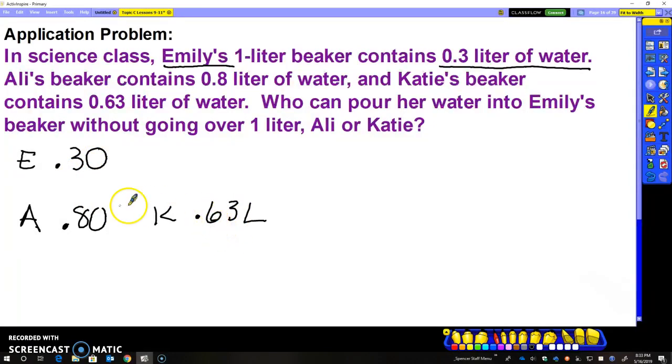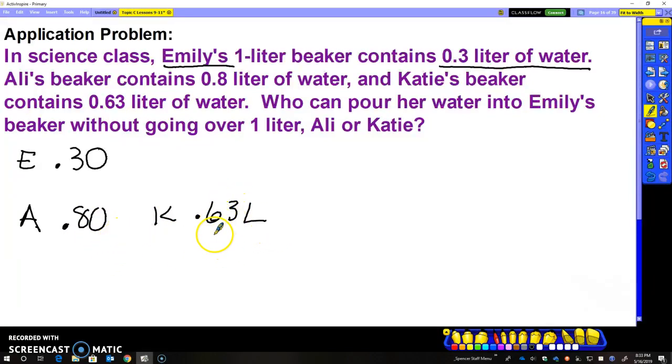So everything's consistent here. So I have my tenths and my hundredths filled in, like Katie's here. I'll put those zeros for now, but they're not necessary. Okay, I did not change this number. Okay, it's still 8/10.